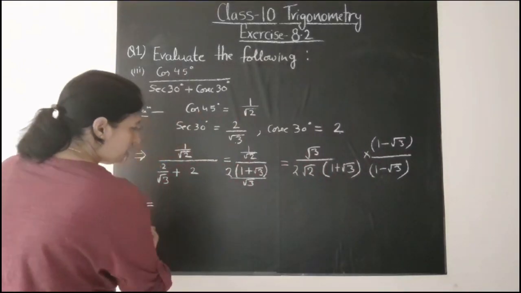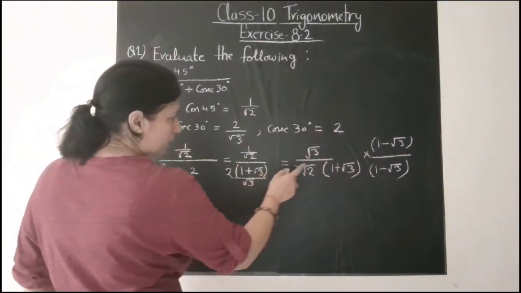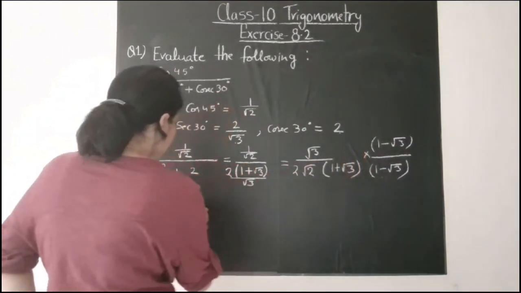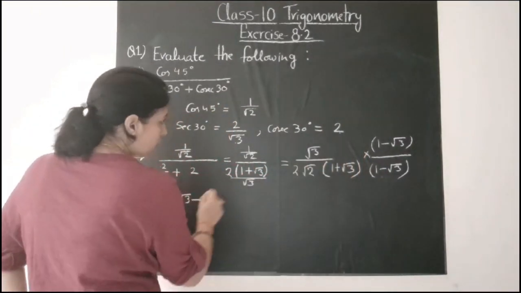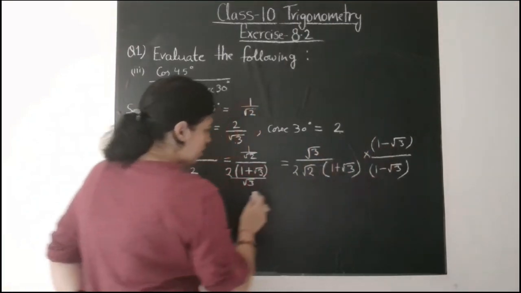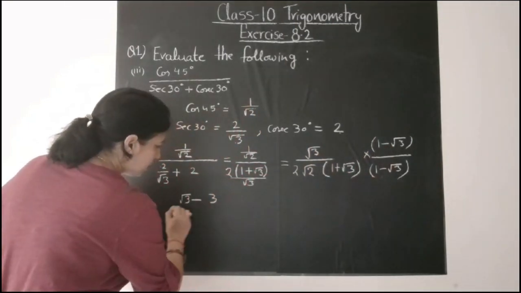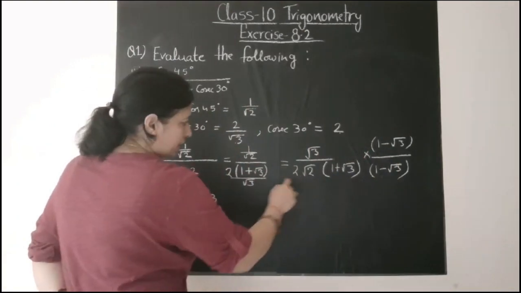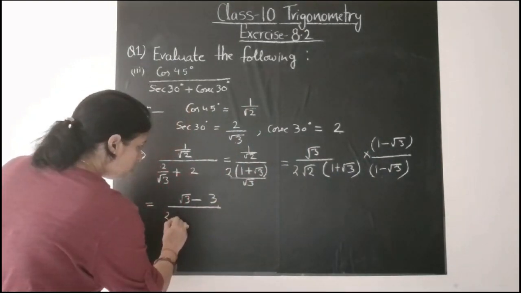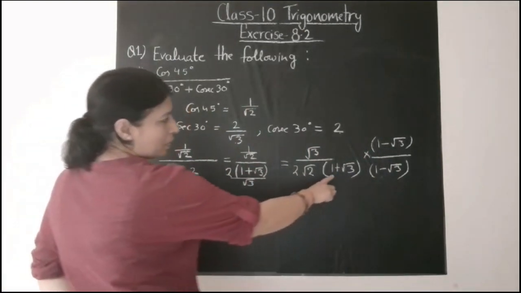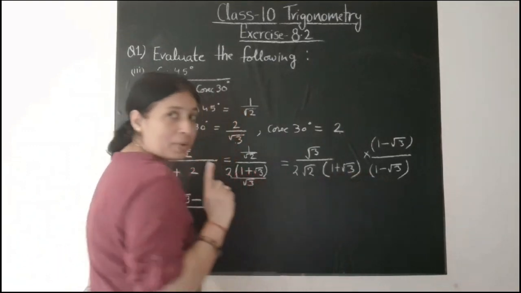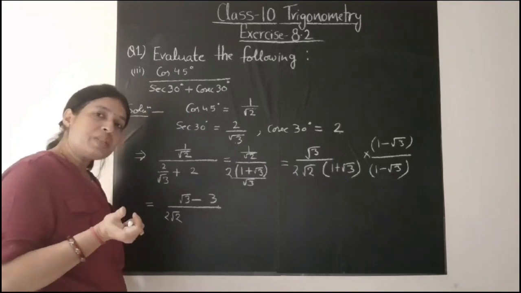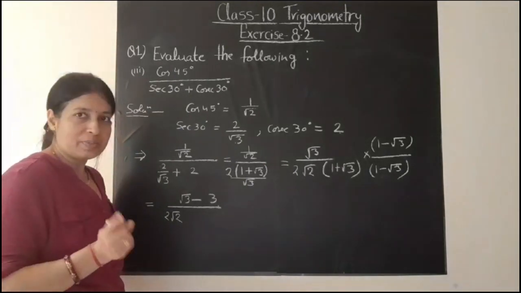So it will come root 3 minus root 3 into root 3 is equal to 3. So write here minus 3, and here it is 2 root 2. Multiply here: a plus b into a minus b is equal to a square minus b square.